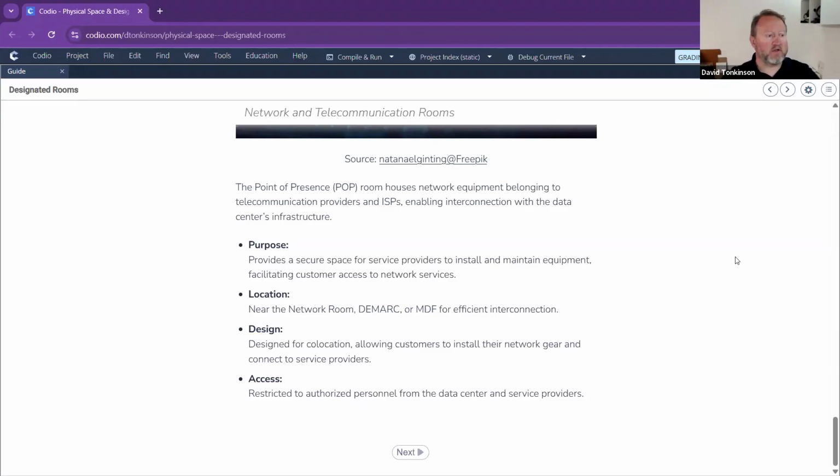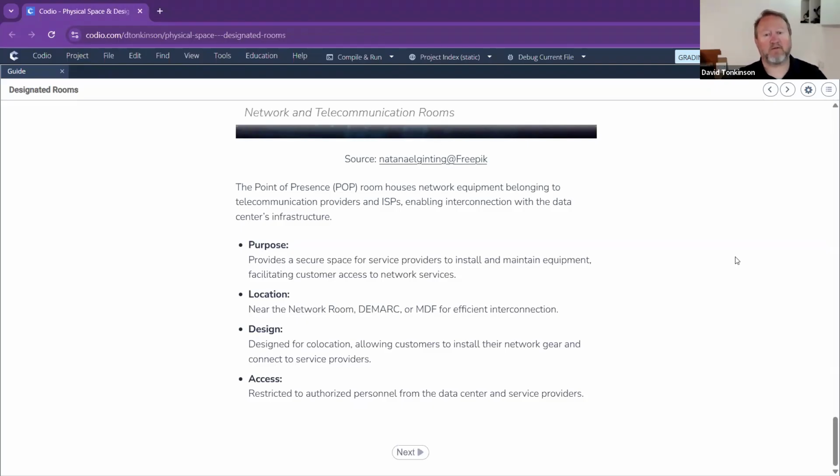Yinka has asked me to briefly highlight what type of equipment is commonly found in the MDF and IDFs. They are normally big switching gear, if I'm honest with you. These are the ASA 500s, so your Cisco routers and switches.